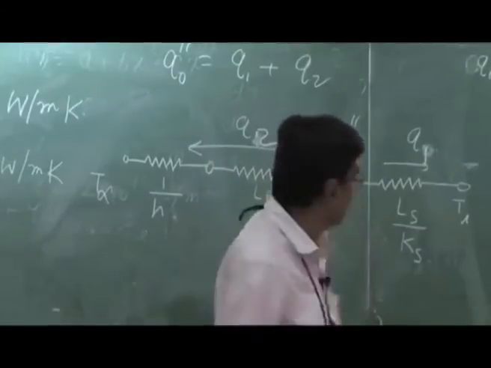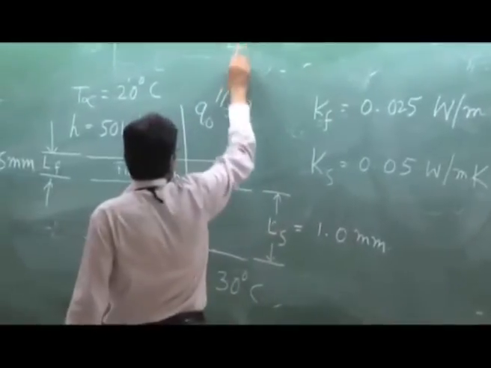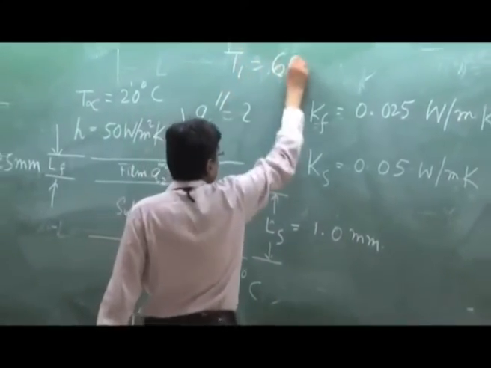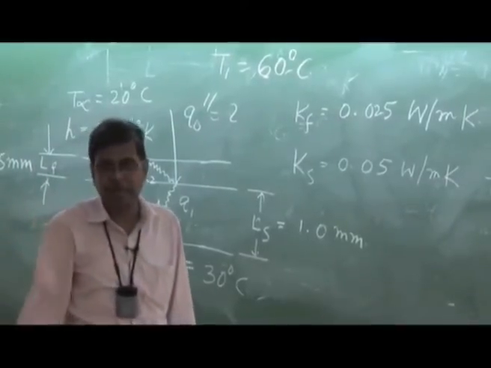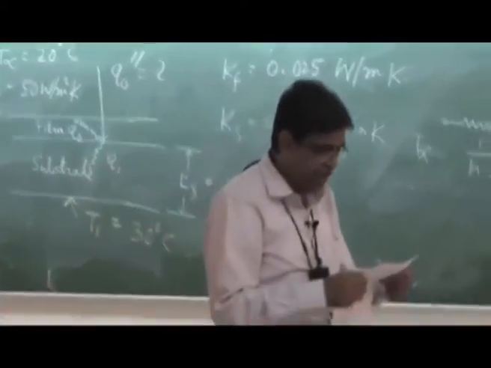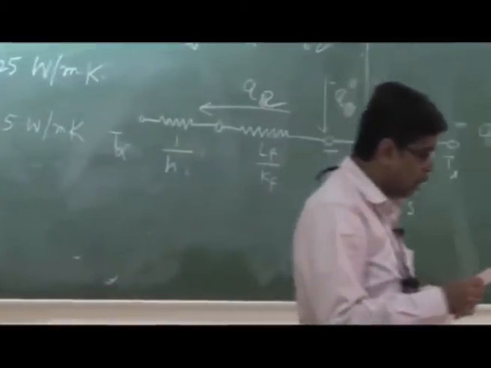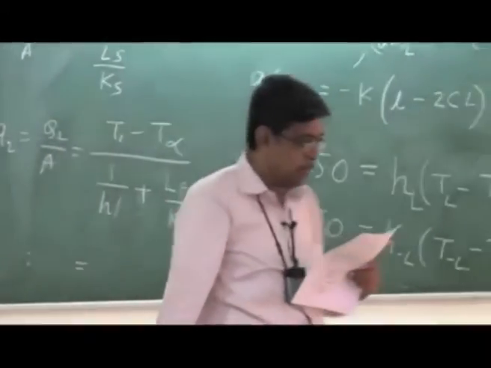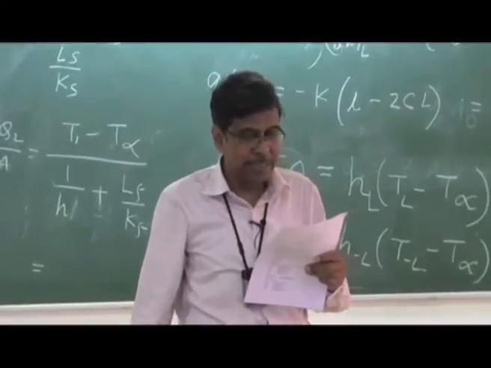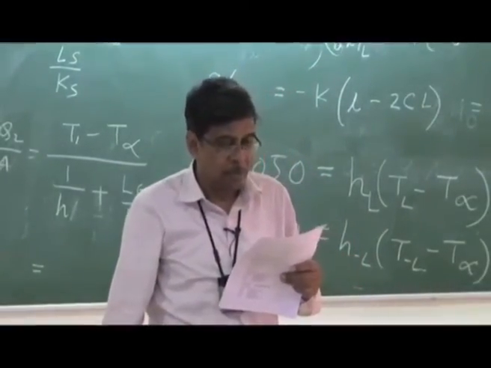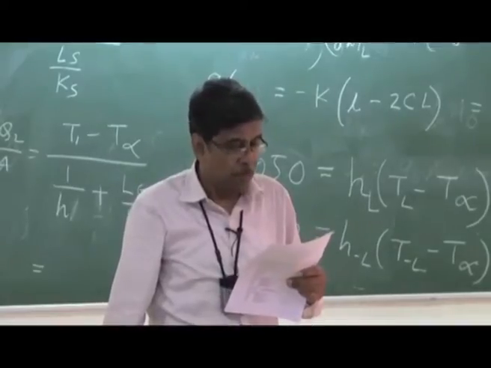Everything is given to cure the bond at 60 degrees Celsius. T1 is given, otherwise how can you solve? The bond surface temperature is given. The problem reads, to cure the bond at a temperature T0, okay, this T0 is 60 degrees Celsius, all of which is absorbed.